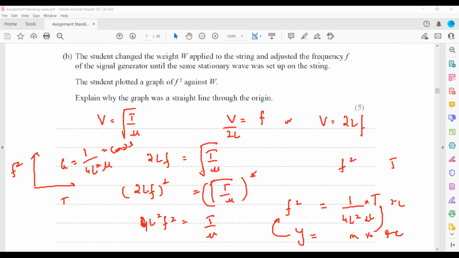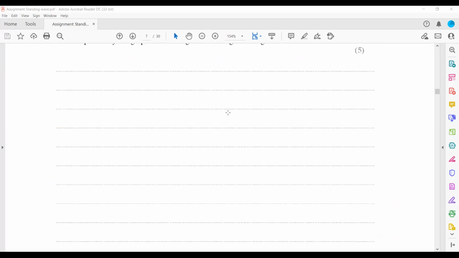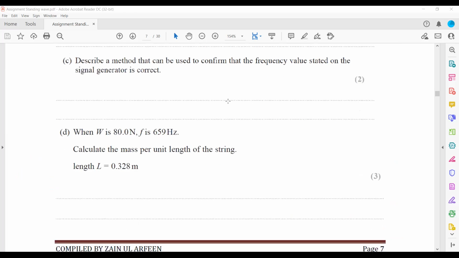And whenever you have a constant gradient, it means it will be a straight line. Is this question clear? That is how the graph of f square versus T will be a straight line. It is 5 marks, because this includes derivation.